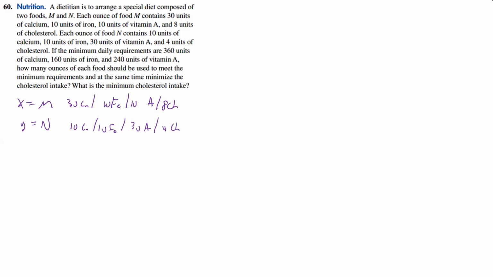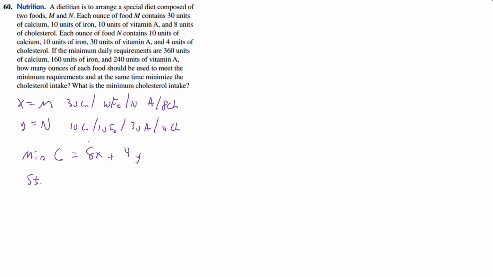And now we have to think about all our maximizing and minimizing. So we want to minimize the cholesterol, and let's use C for cholesterol. It has 8 units in X and 4 units in Y, subject to what?